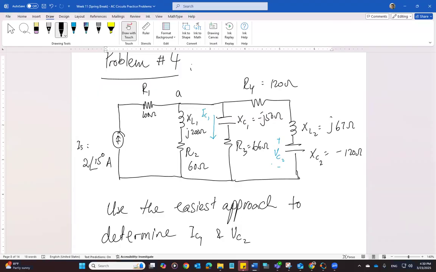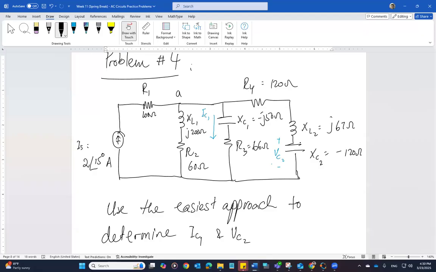Second thing that can be done is to find the voltage of node A directly, without the combination of resistors, applying the KCL and nodal analysis, because there's only one node. So you can write down the KCL equation at node A, and then apply nodal analysis to find the voltage at node A. And then once you have the node voltage A, you can apply Ohm's law to find IC1 and voltage division to find VC2.